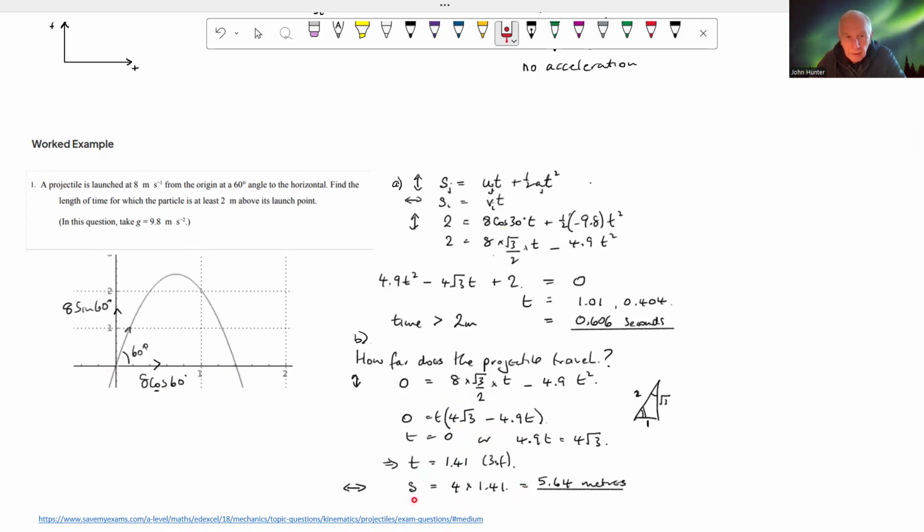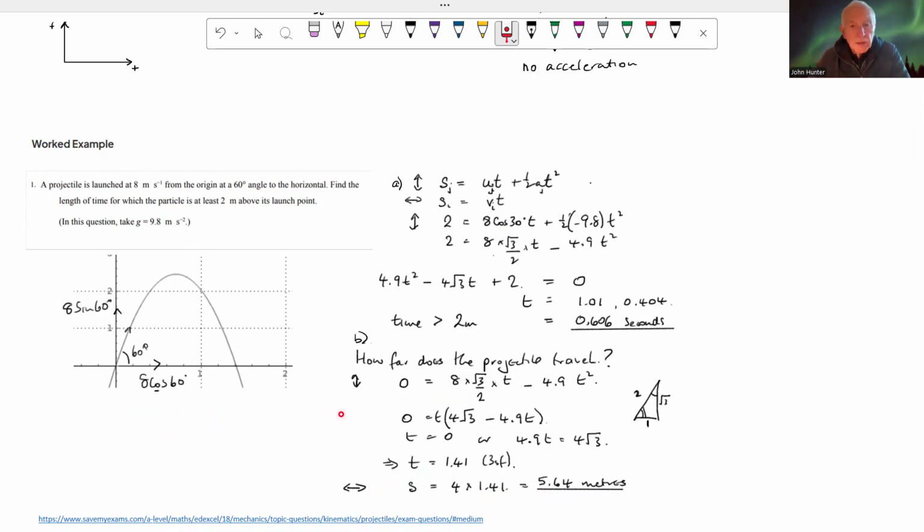The displacement horizontally is going to be v times t. Well, v is 8 cos 60, and cos 60 being a half means that it's actually 4 in that direction. So that is our horizontal velocity times the time, giving us 5.64 meters.